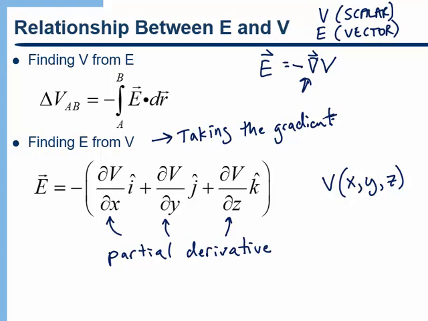So with a multivariable function, when we take a derivative, we have to specify which variable we're taking the derivative with respect to. And so that's why we have dx, dy, and dz. The reason the notation is different is because when you're taking the derivative with respect to x, you treat y and z like they're constants. When you take the derivative with respect to y, x and z are constants, etc.